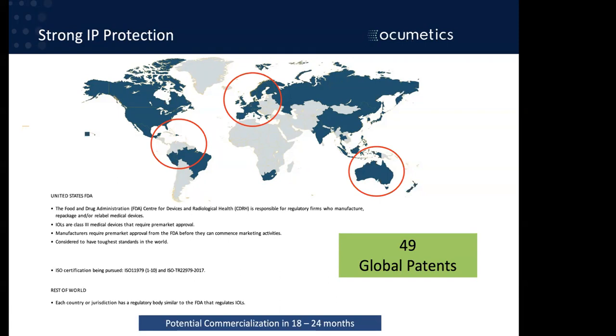And that allows you to sell your product in that particular market even before the FDA approval. So we're looking at all the opportunities where we can actually sell our product. But from an IP perspective, we have 49 global patents around the world, and we are pretty buttoned up with this technology.